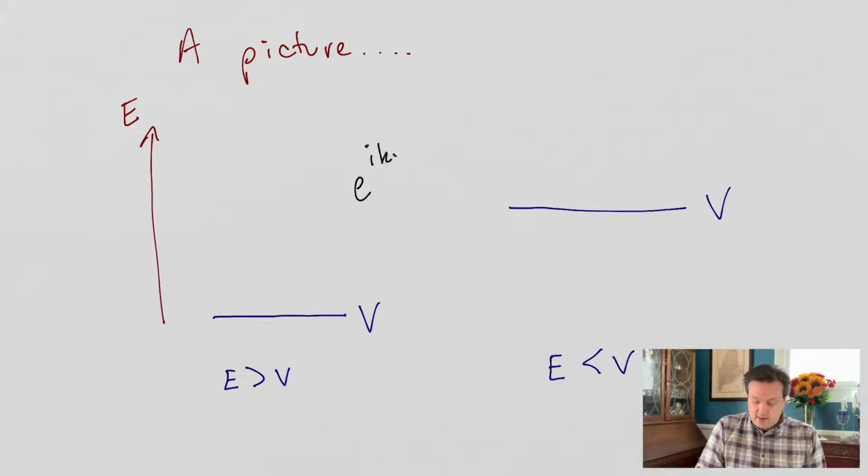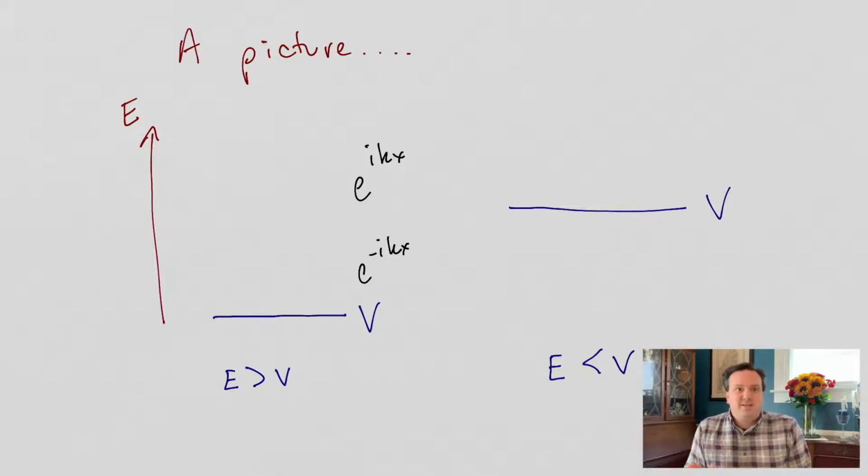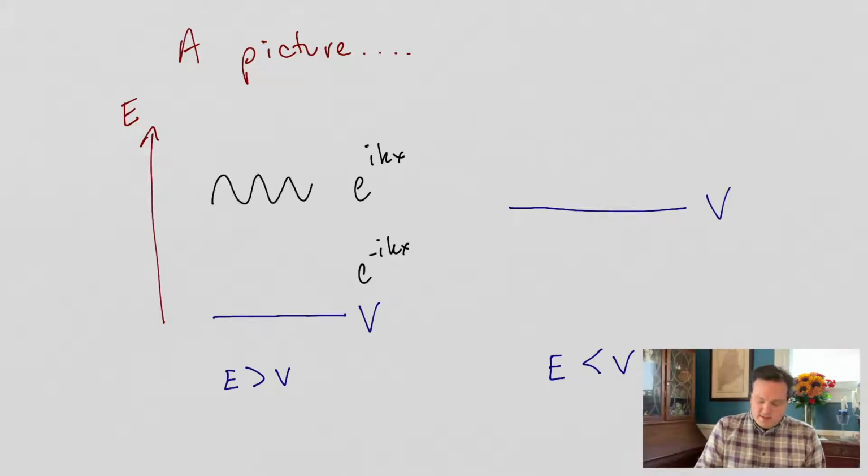A solution e to the ikx is an eigenstate of the momentum operator, a state with momentum k. It's a complex exponential, but it is an eigenstate of the momentum operator, and therefore we can think of it as an object moving to the right with some momentum k h bar. I'm going to write that as my picture.